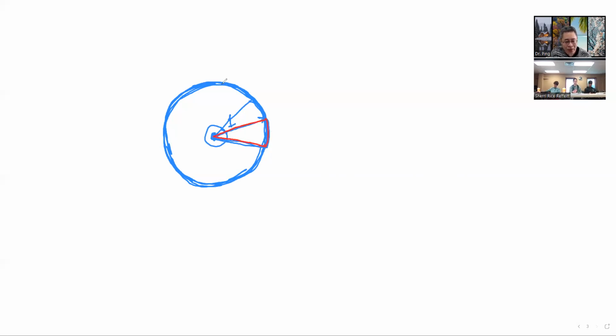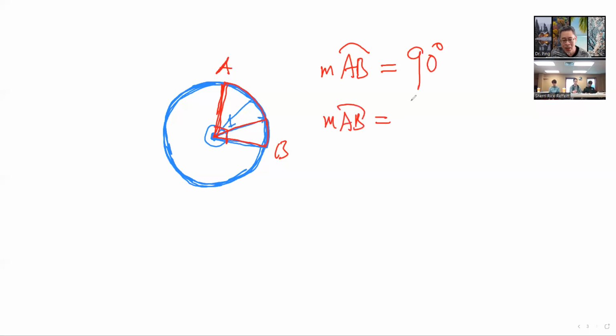For example, if we go 90 degrees, let's say this is A and B, we can say the measure, using M for measurement, of arc AB is 90 degrees. We can use degrees to measure. Of course, we can also use radians. In radians it's just half pi.